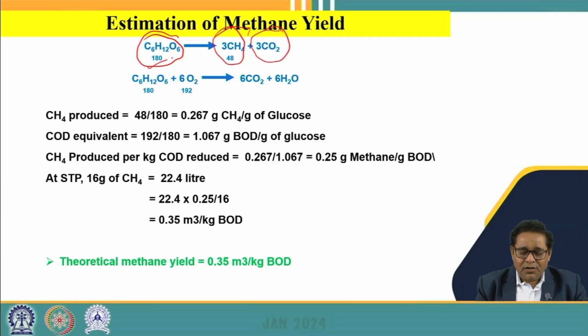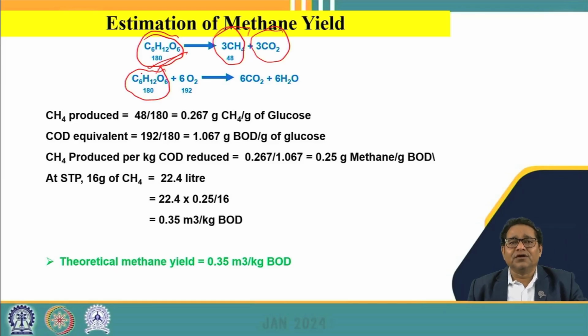So 1 mole of this glucose will form 3 moles of CH4 and 3 moles of CO2. Here we see how much CH4 is produced by 1 mole of glucose, and then compare it with its equivalent COD, that is, how much COD 1 mole of this will have.